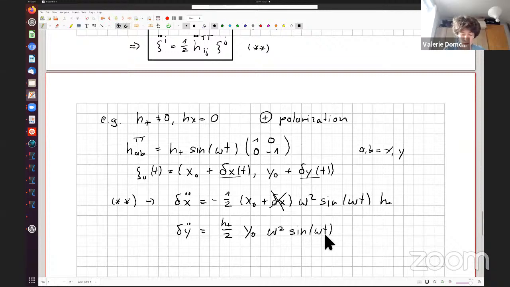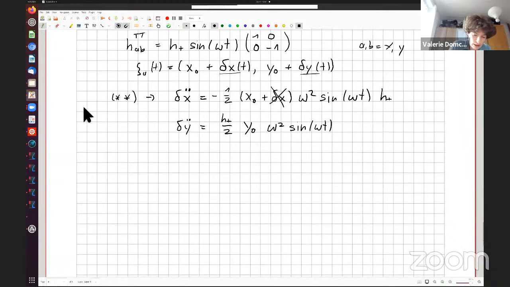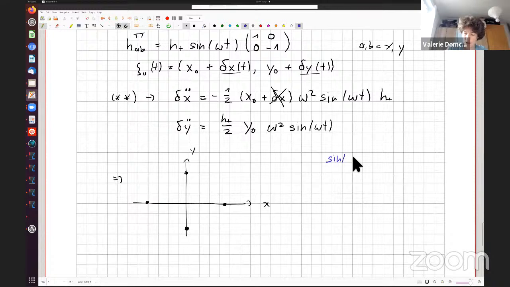So what does this mean? Let's just draw a picture. Let's say we have a coordinate plane, x and y, and I have some test masses sitting at some points in this plane. Now let's consider first a case where we're in some phase where the sine is positive, at some time where sine omega t is larger than 0.